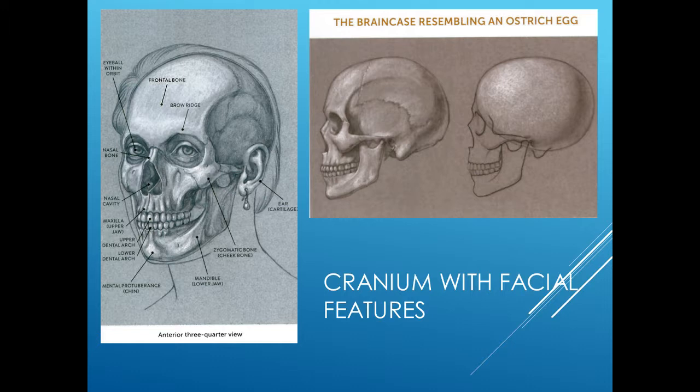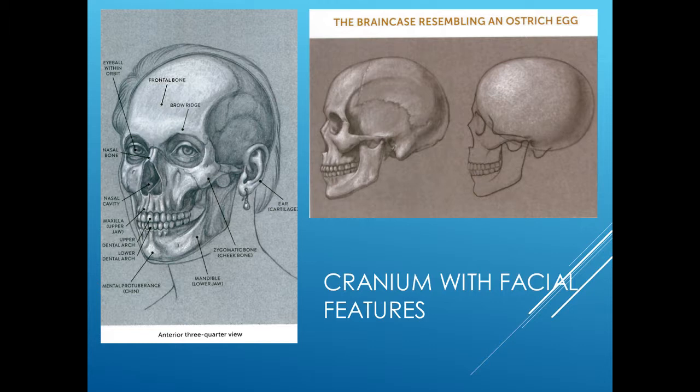The zygomatic bone kind of holds up our flesh right there. You'll notice with models, we like to see them with high cheekbones, and that's what that is. Some people's cheekbones are just more prominent than others.